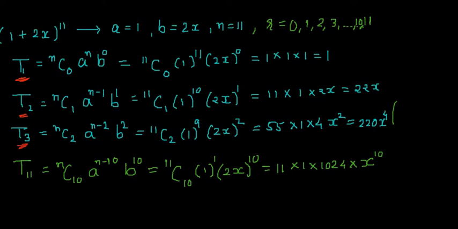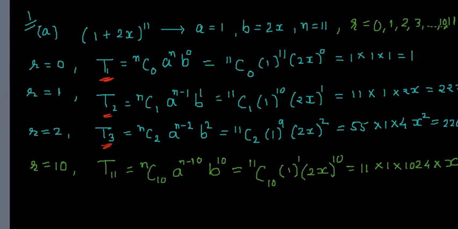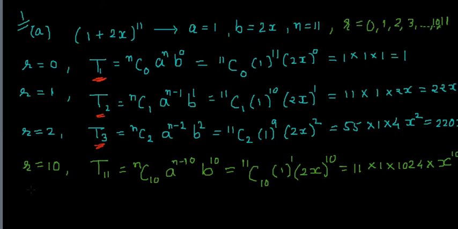So 1024 into 11 will give you 11,264 x raised to 10. This is what you are going to get, the second last term. That is the answer for this. Now moving further, we wanted the last two terms, and the second last term I got.